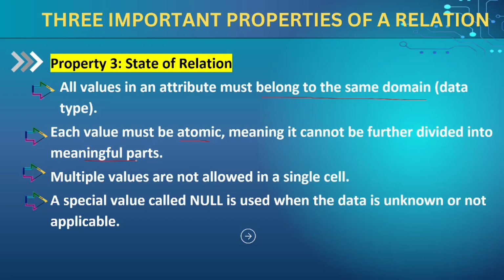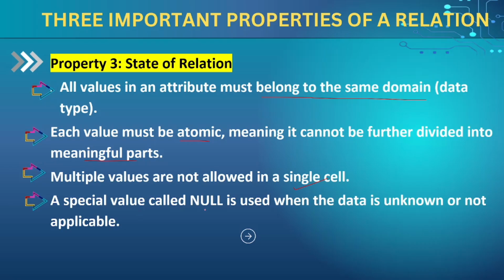Another example: if you create an address column, you have to give the address completely. If you give a comma and then the pin code or everything separately, that is not accepted. Only one value will be accepted. Next one, multiple values are not allowed in a single cell. As I told you, phone number should accept only one number.